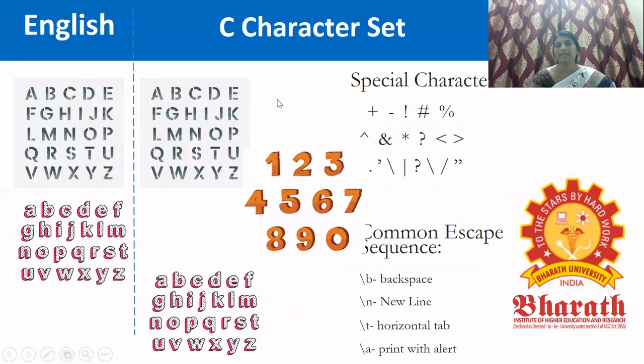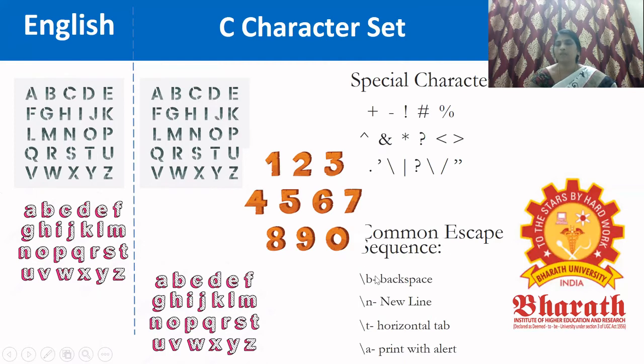Next comes the character set of the C language. As English has a character set, that is, we write essays and stories with English letters, it has both capital letters and small letters. Similarly, for the C language, we have uppercase characters, lowercase characters, numbers, special characters, and common escape sequences.